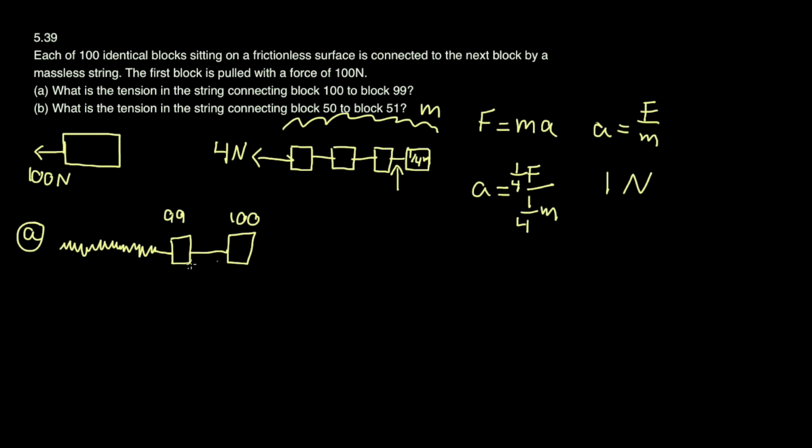Each block has to be 1/100th of the mass of the entire system, so this is 1 over 100 m. But they all have the same exact acceleration like before. So the force has to be scaled by 1 over 100 as well, and the tension in the string must simply be 1 newton.